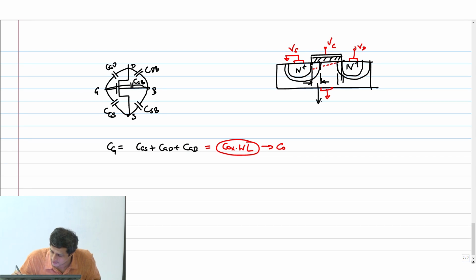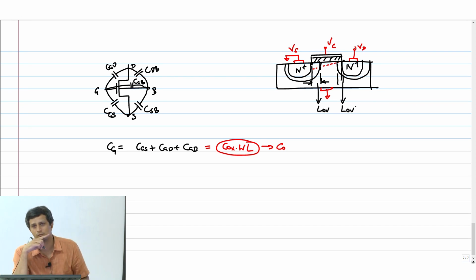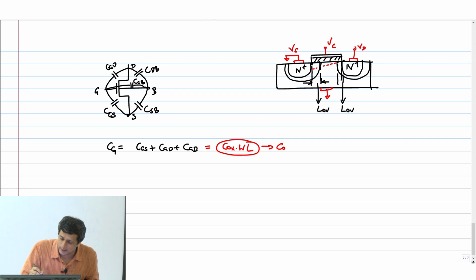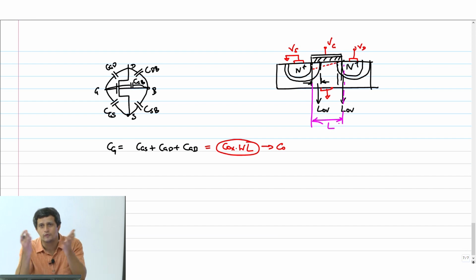This distance is called L overlap. Previously, my channel length was this. Now after this diffusion, because of annealing, my channel length has become only this much.